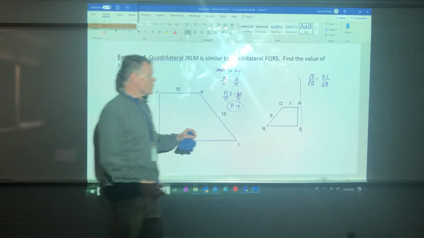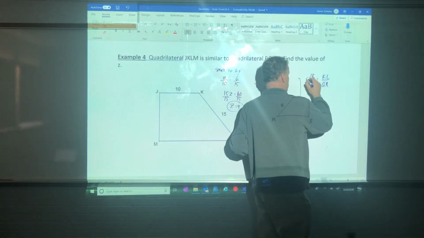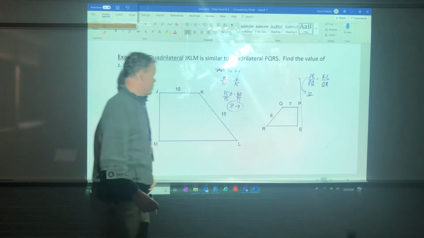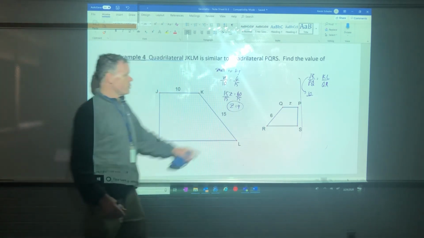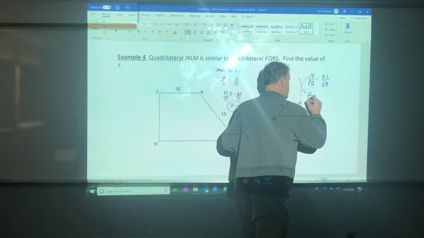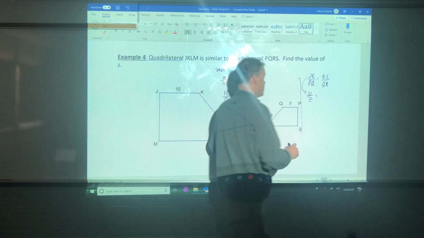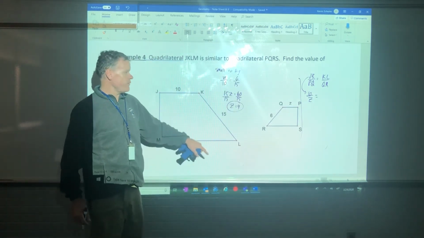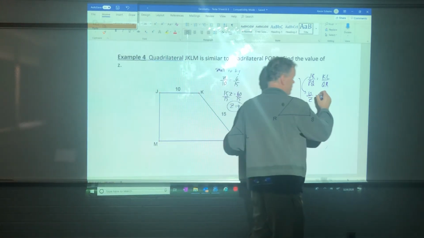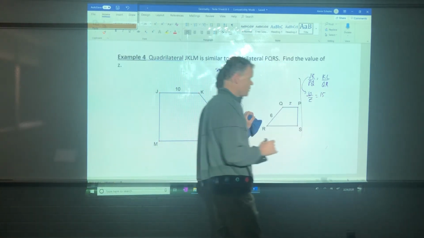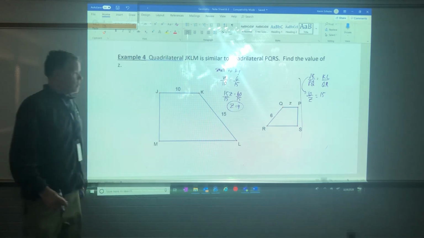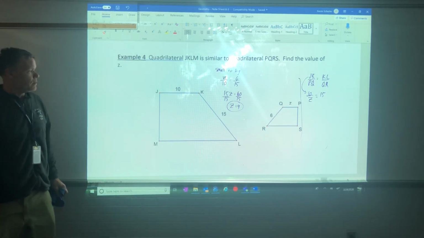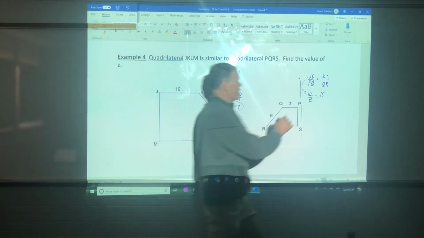JK is going to be 10 over PQ. That's just going to be Z. That's your unknown. Okay. And then KL is going to be 15. And then QR is going to be 6.